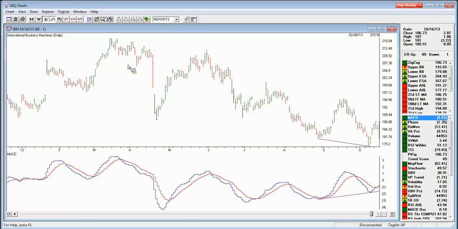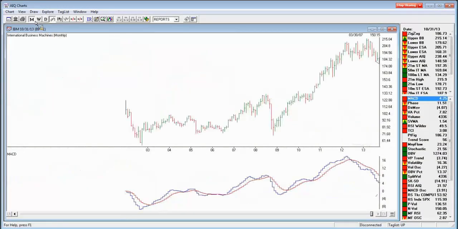But if you begin your analysis at the top, then you'll never be confused about the ultimate direction that the stock should be taking and the path of least resistance.